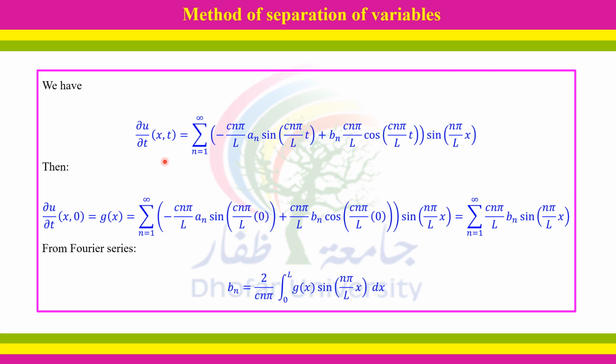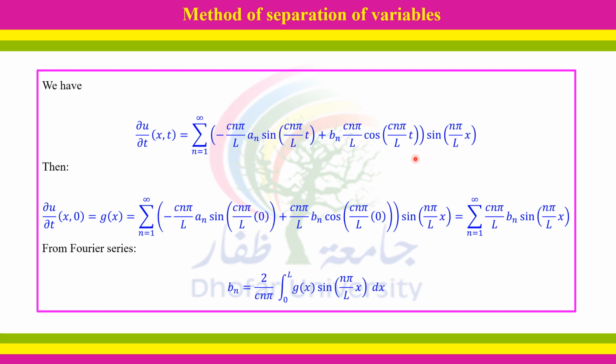When we differentiate u with respect to t, actually we can obtain this derivative inside the sum, because this is constant with respect to t. So we just differentiate the first and second term. The derivative of the cosine is negative sine, and then we multiply by the derivative of the inside function, which gives this coefficient here.